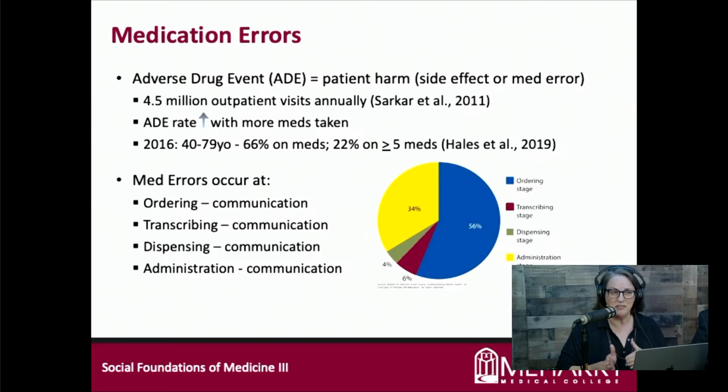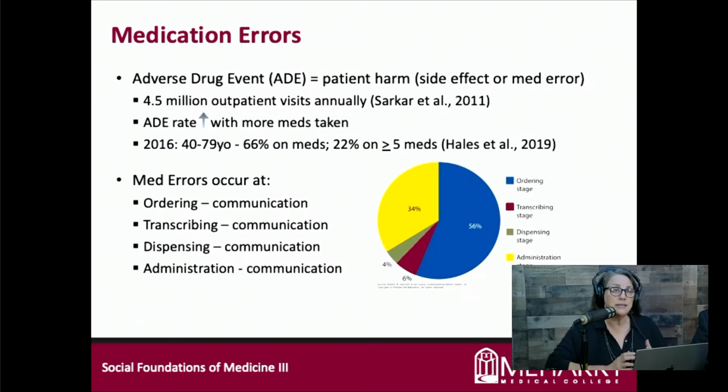We talked about adverse events in Patient Safety 1, meaning if something is referred to as an adverse event, we know that patient harm occurred. So an adverse drug event is a situation in which patient harm occurred. It may have been a side effect of a medication, or it may have been a medical error.